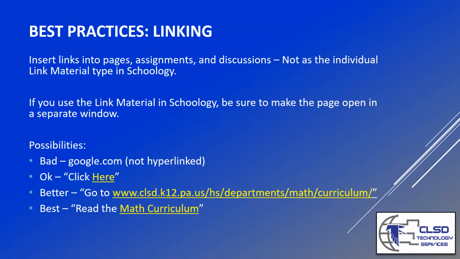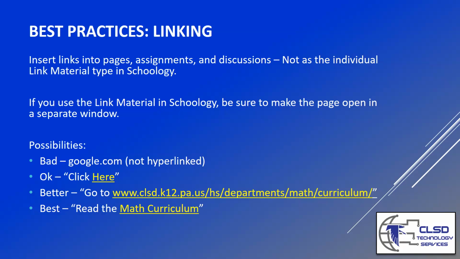So the worst way to try to have students go to another website is to not have it hyperlinked at all. Then there are options for what it looks like if we do actually link it. The first one that I've listed here is an OK option. It's if you say click here and then the word here is hyperlinked and it takes them to the website. This is okay because if you click on it, the link goes to wherever you want them to go and the students are able to figure out what they're supposed to be doing.